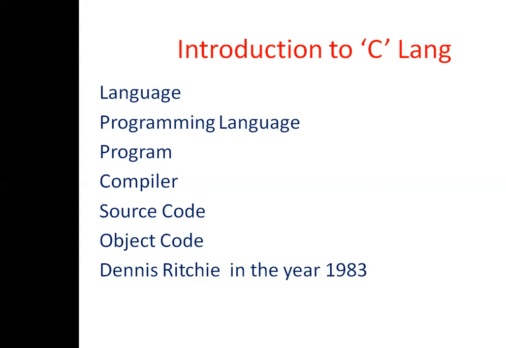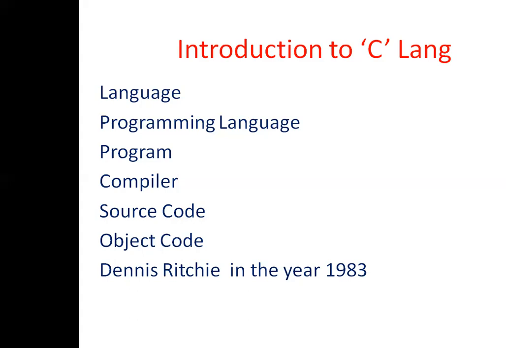First of all, why is it called a programming language? Because the language which makes communication possible between the user and the computer system is called a programming language. Then, what is a program? A program is nothing but a set of instructions which are accomplished to obtain a particular task. Again, the program is of two types: source program and object program.